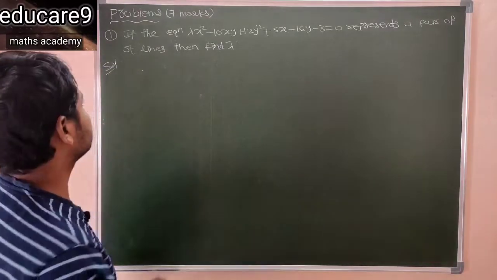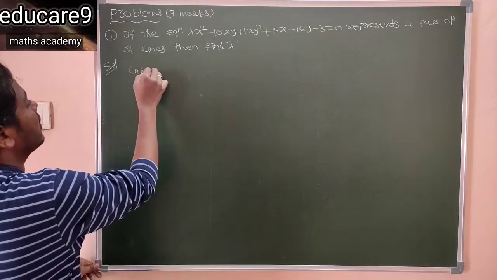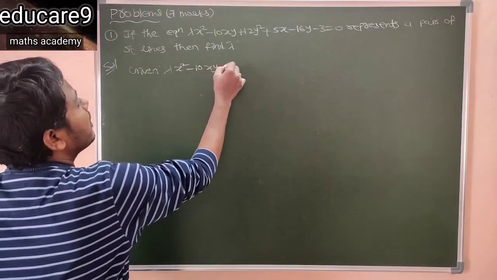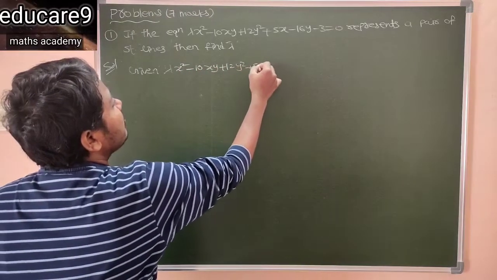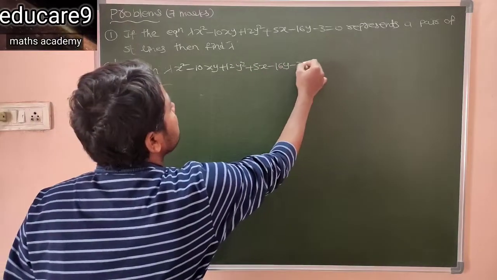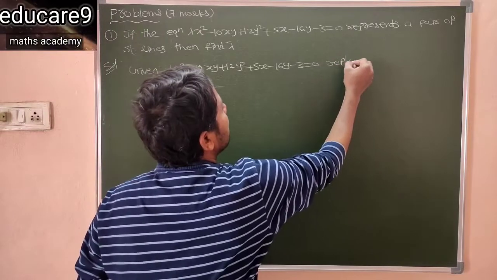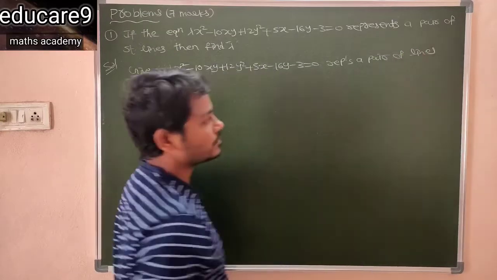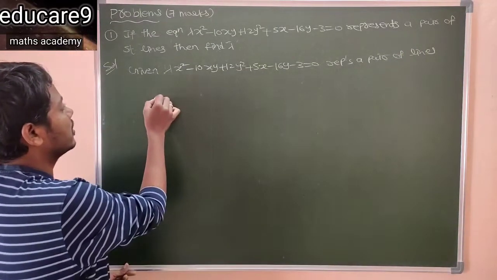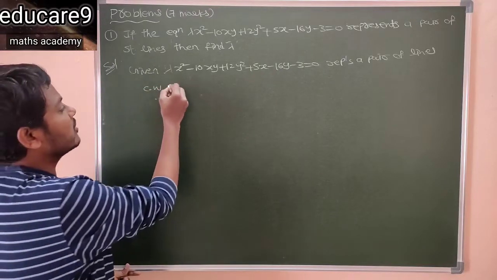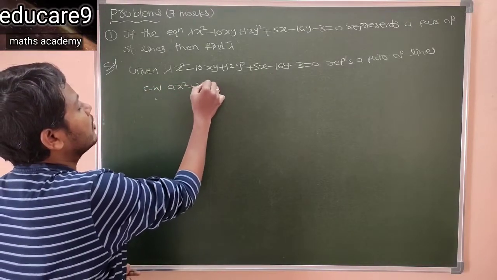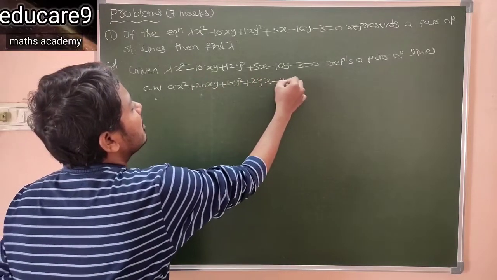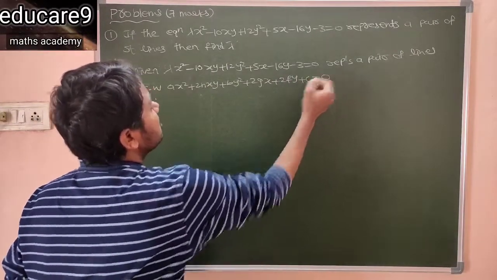Okay. So see here, given lambda x square minus 10xy plus 12y square plus 5x minus 16y minus 3 equals 0, which represents a pair of lines. Therefore, comparing the given equation with ax square plus 2hxy plus by square plus 2gx plus 2fy plus c equals 0.